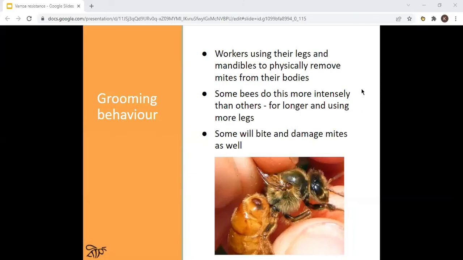They physically knock mites off their bodies, and in some cases they'll even damage them. They'll bite them or damage their legs before they drop them down to the bottom board, so that the mites can't climb back up and reinfest another cell or climb back onto another bee.